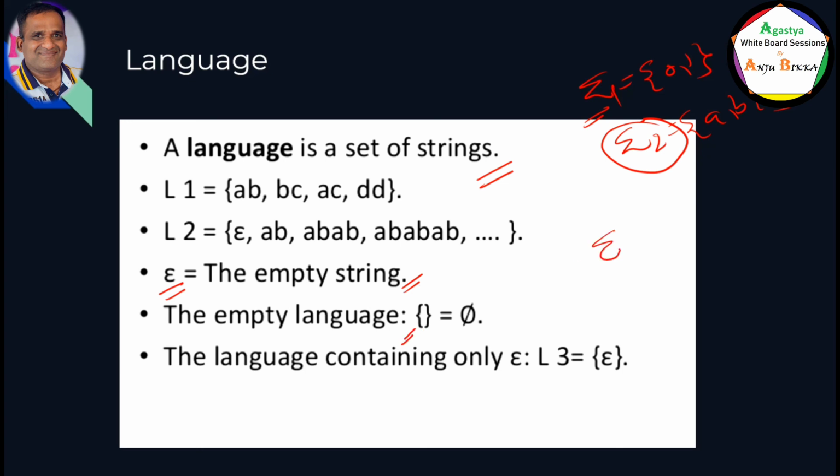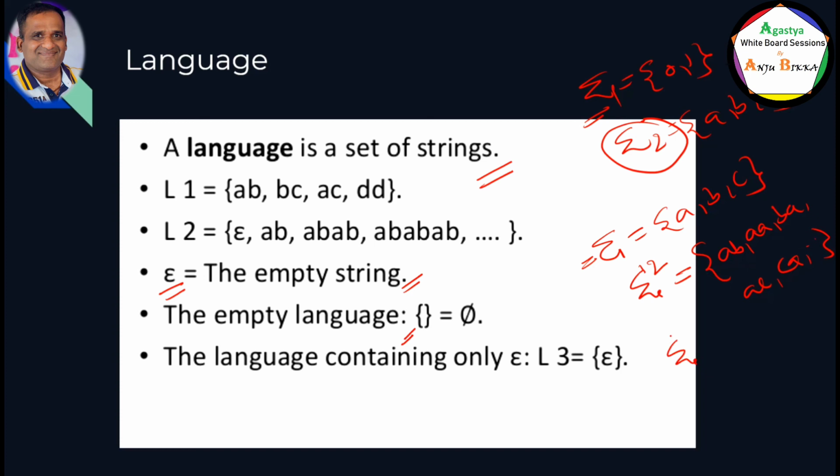Now if sigma equals ABC, what is sigma power 2? The set of all strings over sigma of length 2 is denoted by sigma power 2, nothing but AB, AA, BA, AC and CA, and so on, of length 2.